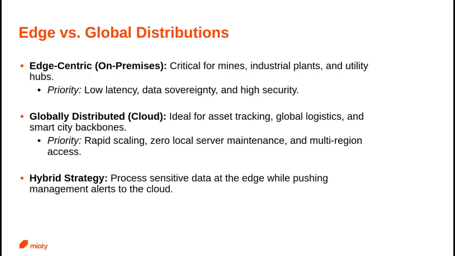So if you're running, for example, a chemical plant or a mine, you need an edge-centric deployment. You cannot rely on the external internet for safety-critical alerts, and you need the lowest possible latency. Or on the flip side, maybe you're a global logistics or asset tracking company that requires the reach of cloud servers for your applications, where you can scale across continents without actually touching the server rack.